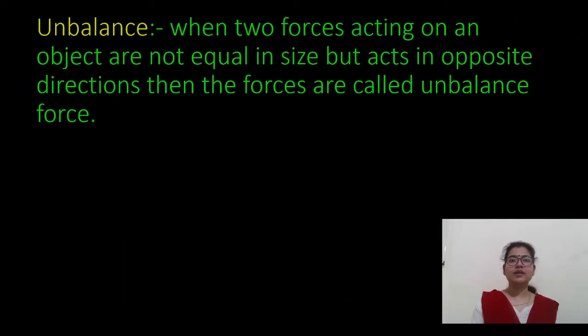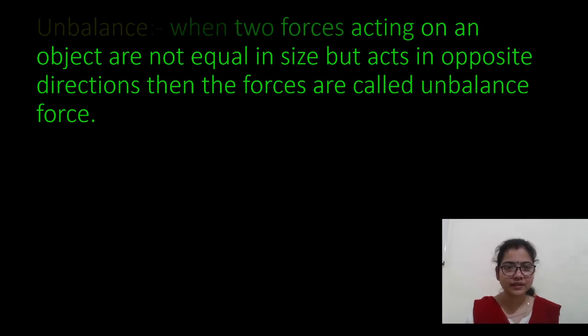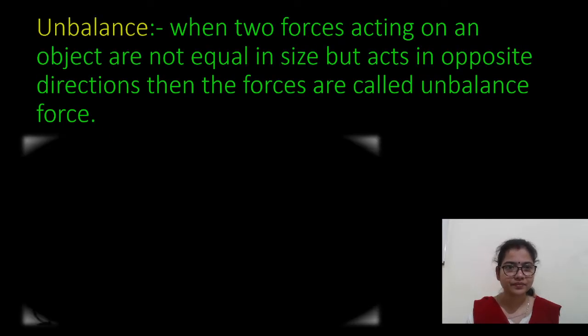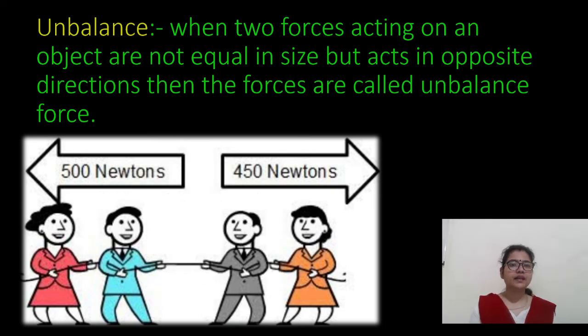Unbalanced force. Now we will see unbalanced force. When two forces acting on an object are not equal in size but act in opposite direction, then the forces are called unbalanced force. It will be more clear with this picture.